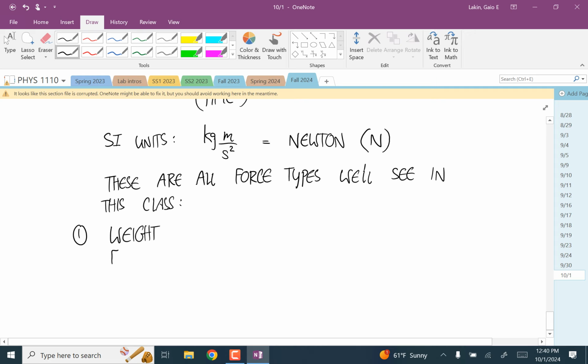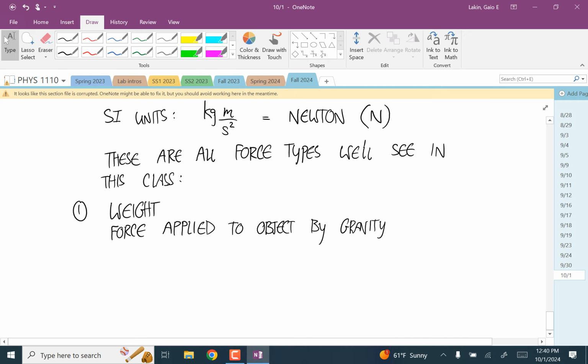And that is the force that's applied to an object by gravity. And the second is a category called contact forces. And everything that we see that isn't weight is going to be a contact force.